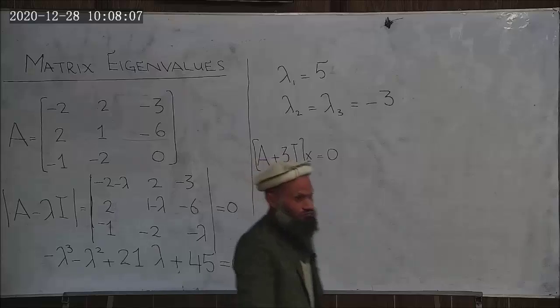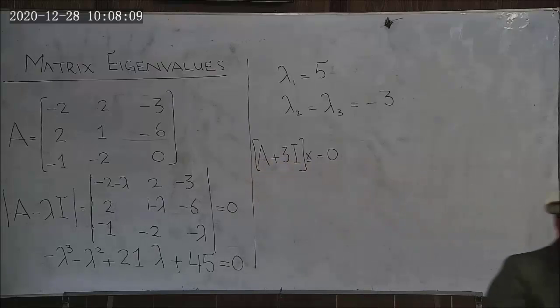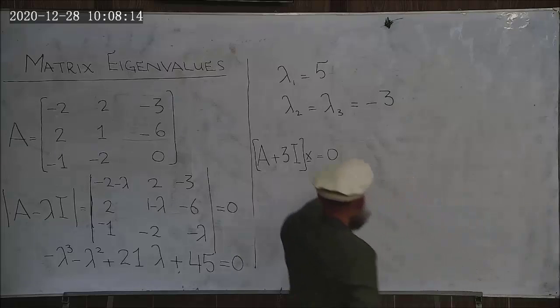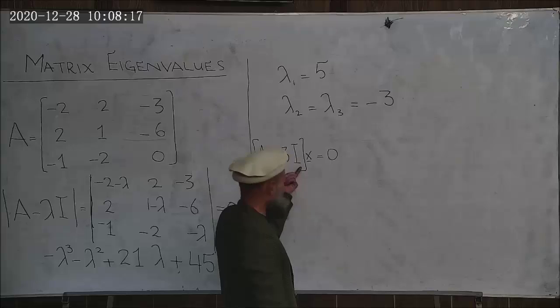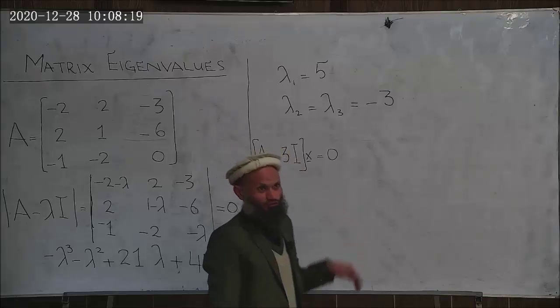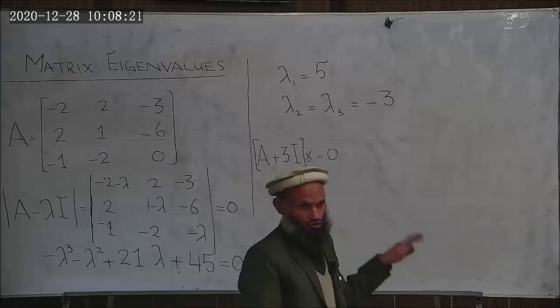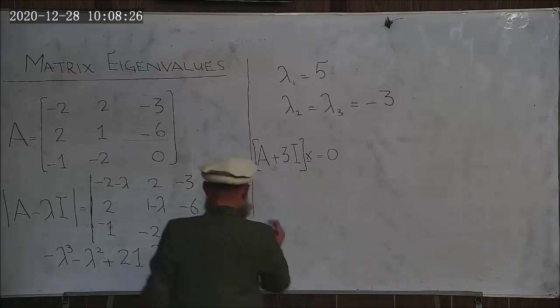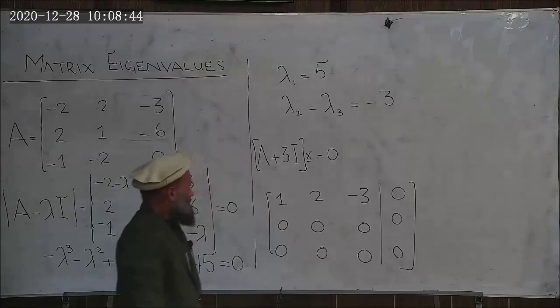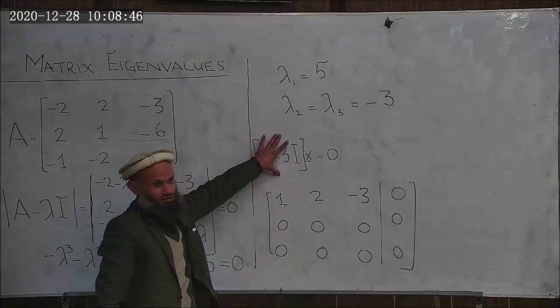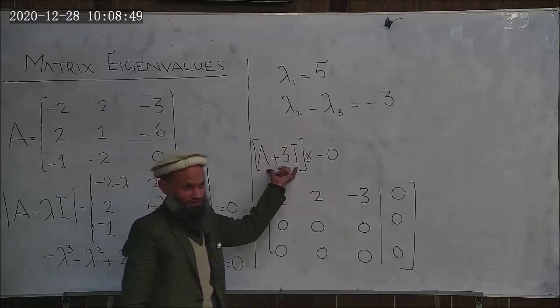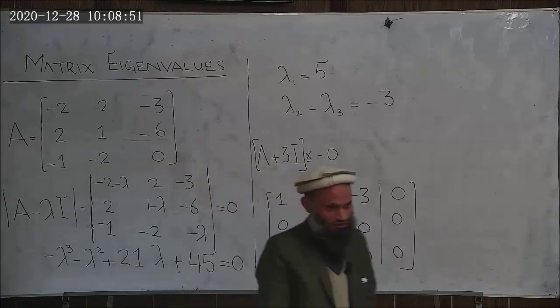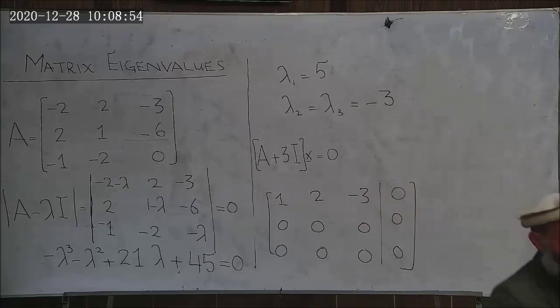You construct an augmented matrix by augmenting the right hand side of this system of equations with this matrix, and then perform elementary row operations to transform it into echelon form, which is given over here.